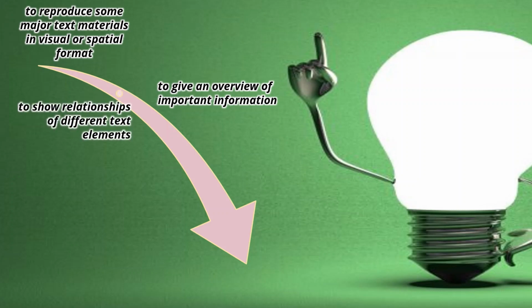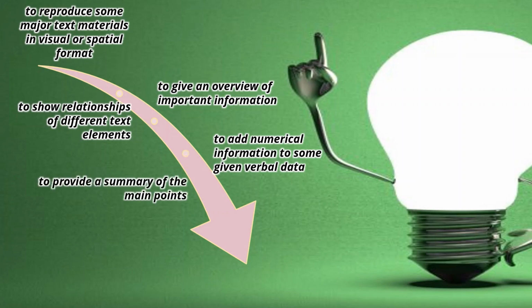Third, this is also to show relationships of different text elements. Fourth, this is also to add numerical information to some given verbal data. Fifth, it will also provide a summary of the main points. And lastly, it will also be providing a visual variety on the page.